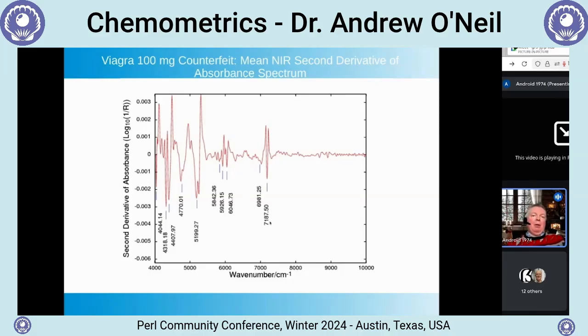So this peak here at 7,187.5 wave numbers, and the one at 4,318.18 wave numbers, do not occur in the genuine product, and they relate to a pharmaceutical excipient called talc, which has been used in the coating by the counterfeiter.